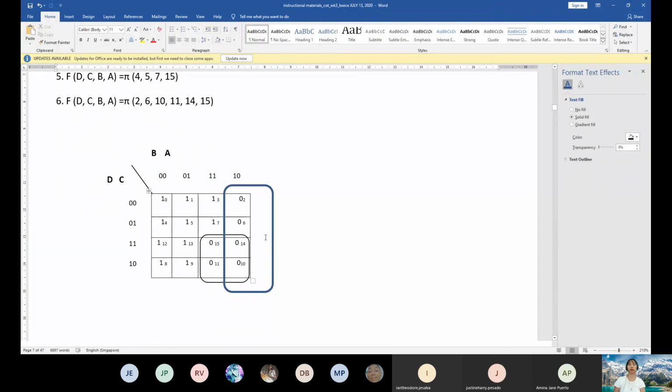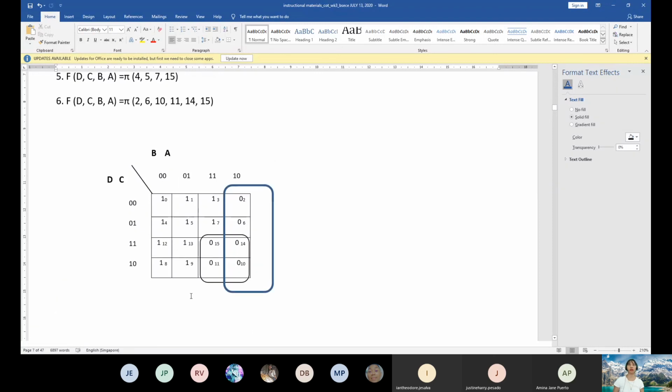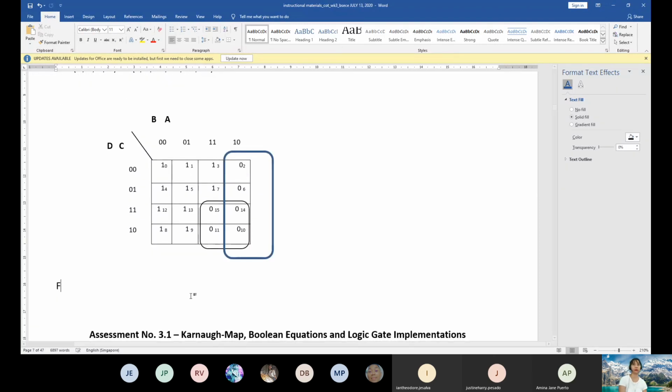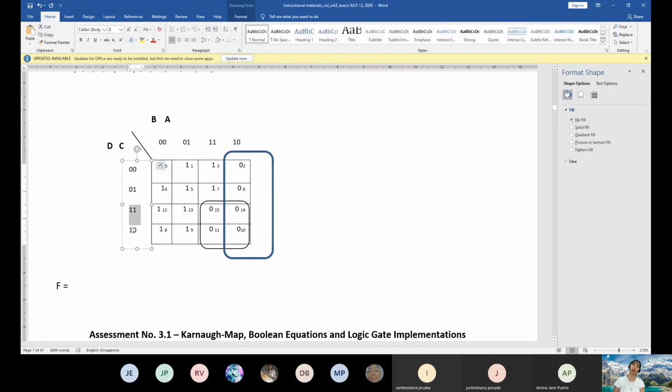Let's have the black loop first. So this is F. F is equal to, for the black loop, class, we have 2 values for DC: 1, 1 and 1, 1, 0. Then compare C to C. C is 1 and 0.